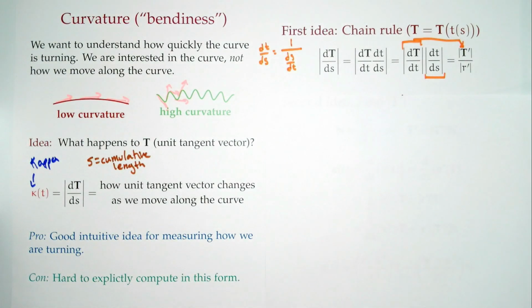Now, how do I think of ds/dt? How is the cumulative arc length changing with respect to time? We actually answered this question last time. We didn't know why we wanted to answer it, but we did. Do you remember how it's changing? How does the total length along the curve that we've traveled change with respect to time?